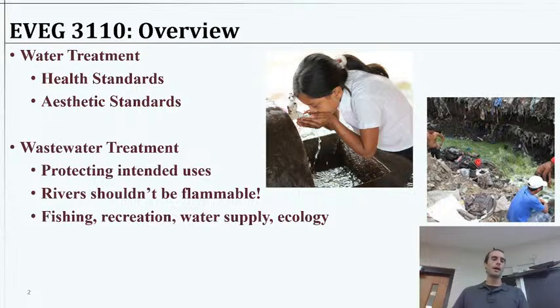There are also aesthetic standards, because it might be perfectly safe to drink brown water, but who's going to want to, right? Likewise, it might be perfectly safe health-wise to have a bit of rust or orange color in your water, but that's not going to be so nice when you wash your clothes with that, right?